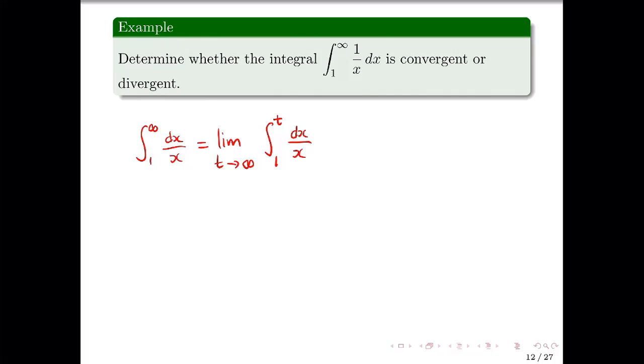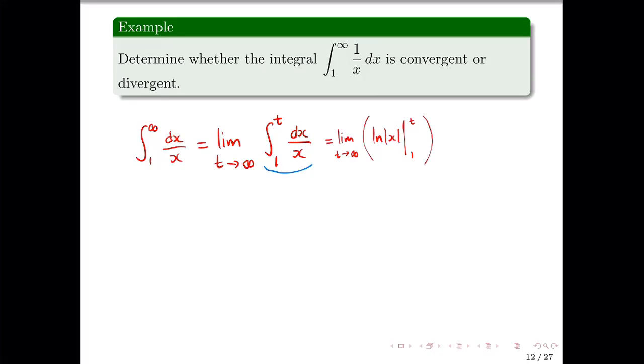For example, here we have the limit as t approaches plus infinity of ln of the absolute value of x, evaluated from 1 up to t. Take note, this is just a definite integral, and t should be greater than 1 because we are going to let t approach plus infinity.